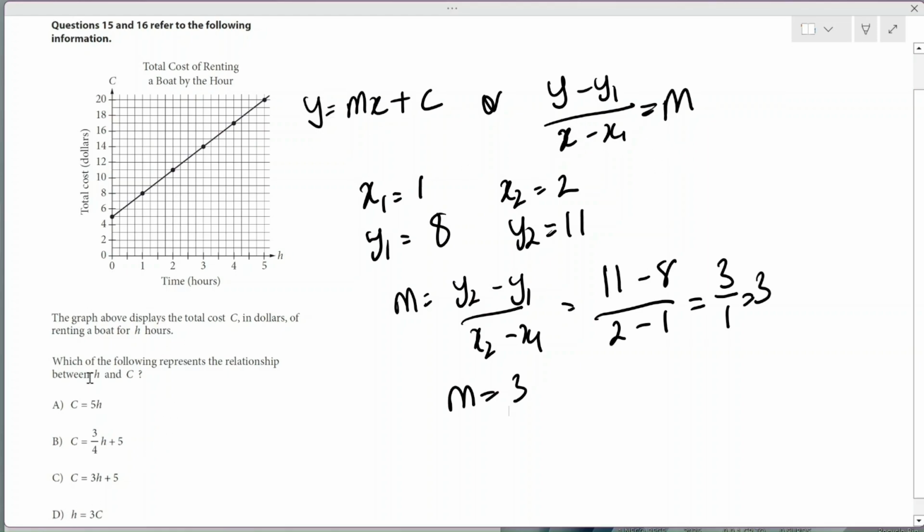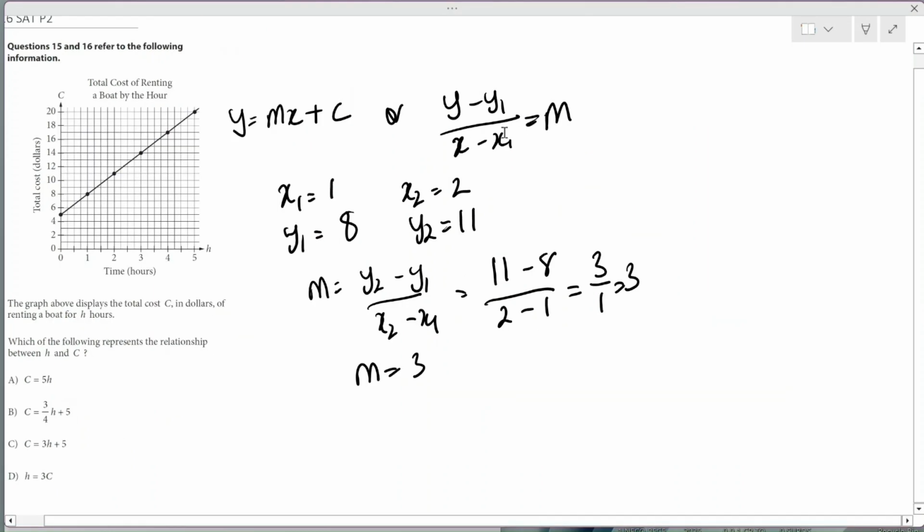Now, it's asking which of these following represents the relationship between H and C. Note that your H here represents your X using this equation, while your C represents the Y. That's the cost. So rather than use X and Y, you'll be using C and H. Now that you have your m, let's use this formula first to solve.